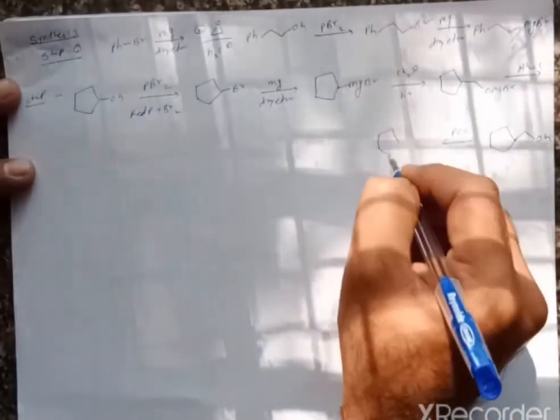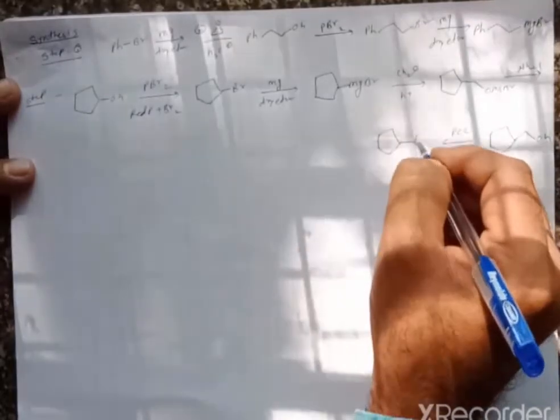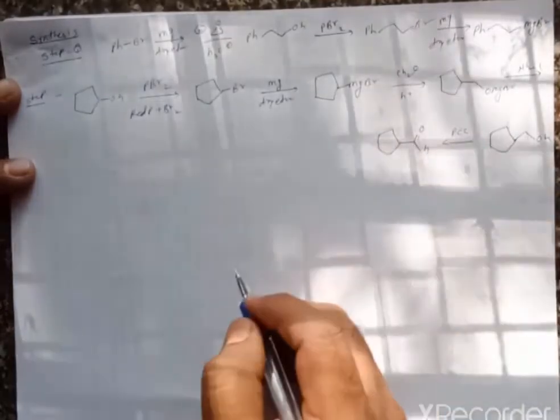And then when we go for oxidation with pyridinium chlorochromate, it gives formation of an aldehyde, like this, right?